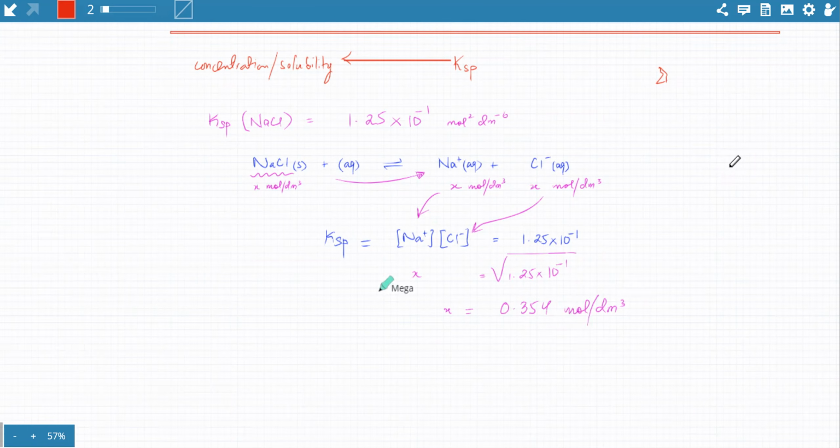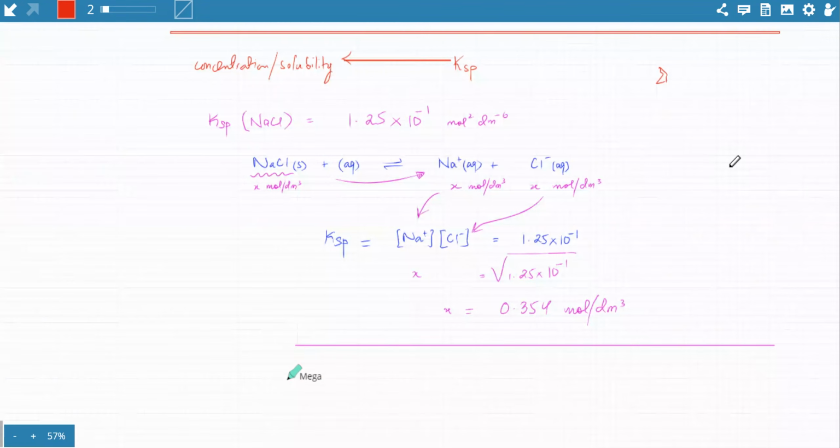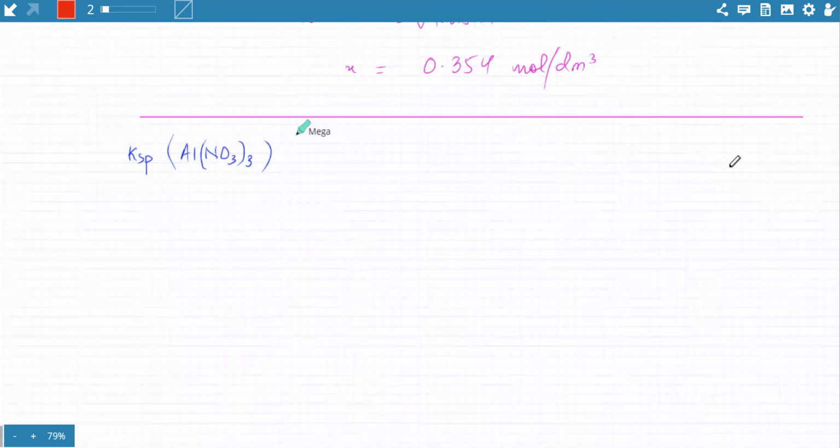Now we're going to try and do another question. Let's try a different salt. Let's say, for example, the Ksp for aluminum nitrate is given.